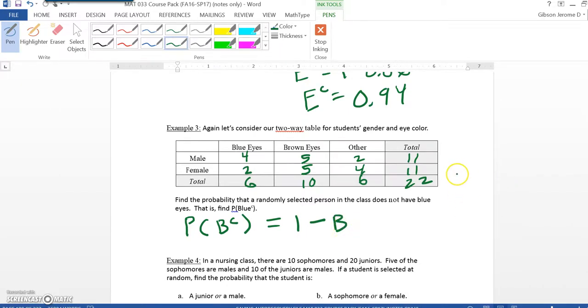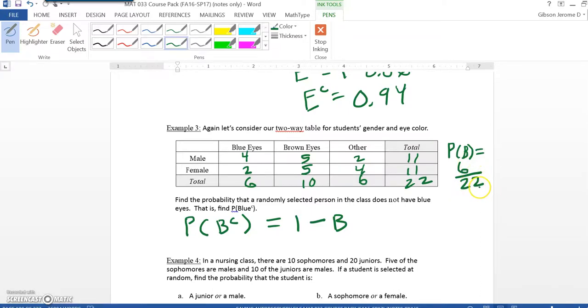So we would go off to the side and find the probability of blue eyes based upon this table. There are 6 people with blue eyes, but there are a total of 22 people. So we would take the amount of people with blue eyes divided by the total amount of people.